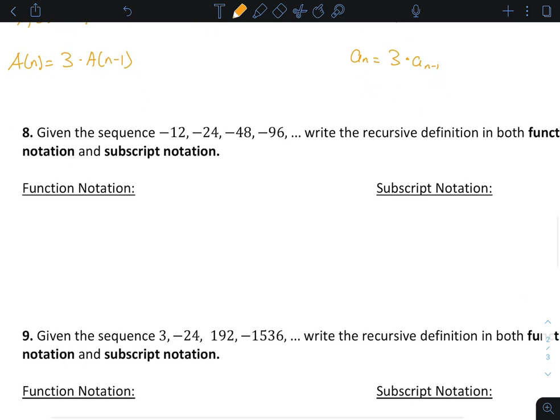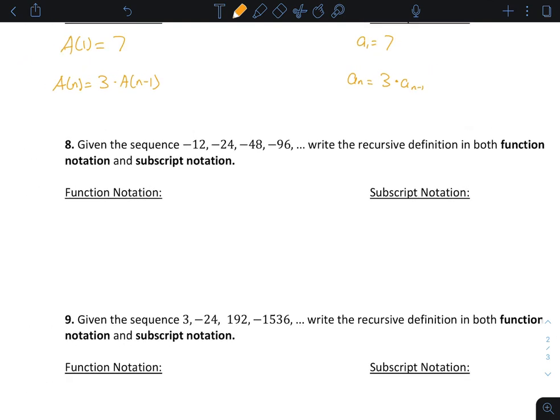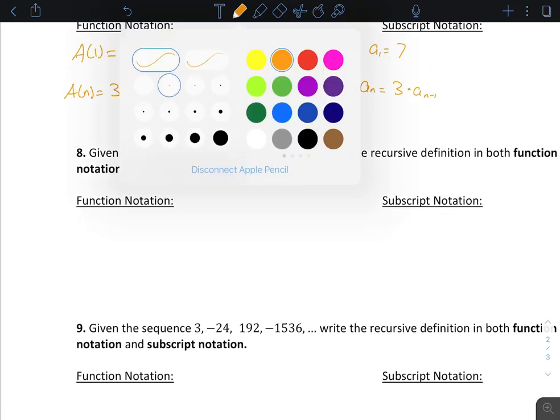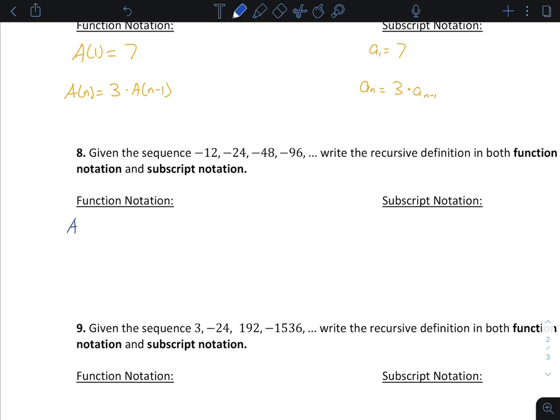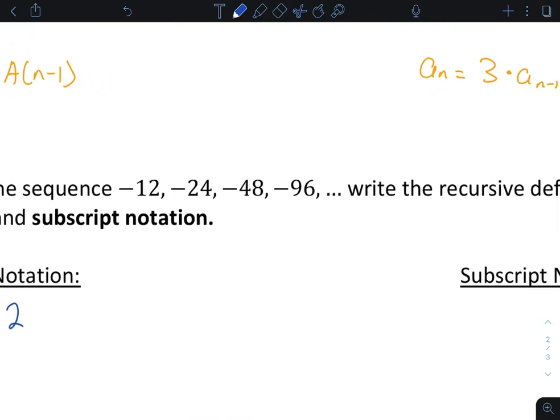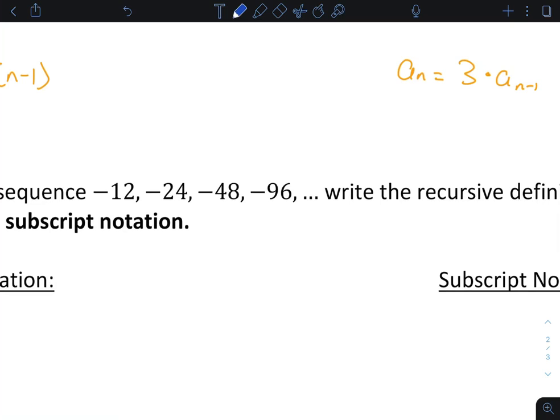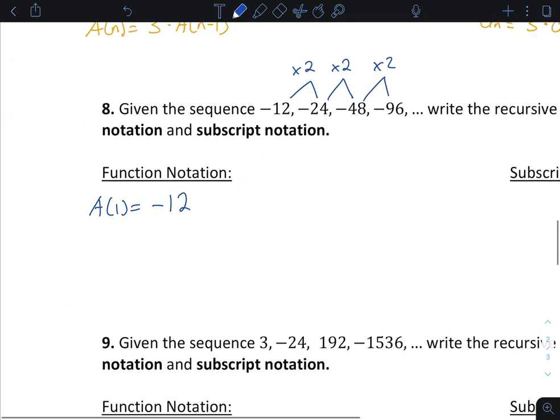Number 8, given this sequence, we do the same thing. So starting off here, we have our first term, which is negative 12. And let's find a common ratio. What's happening between negative 12 to negative 24? It looks like I'm multiplying by 2 because the same thing is for negative 24 to negative 48. Multiply by 2, and same thing here.